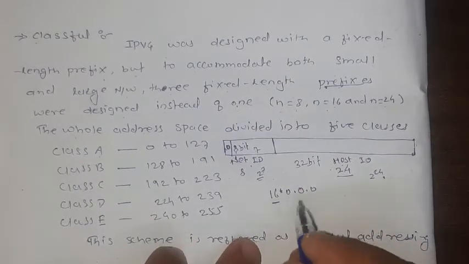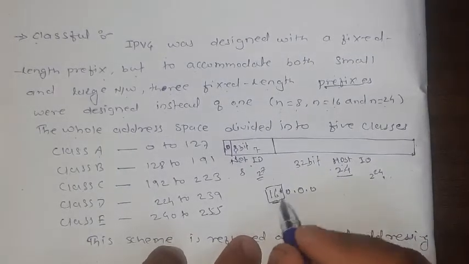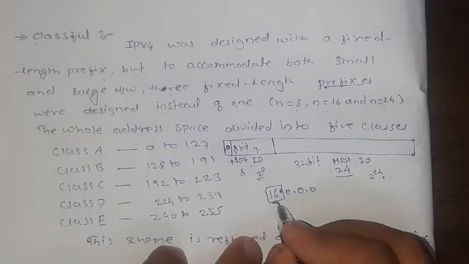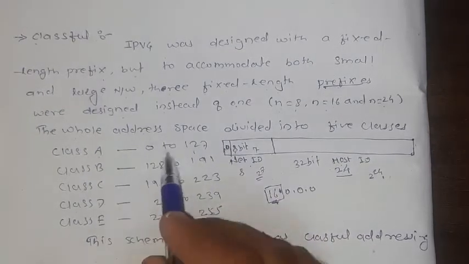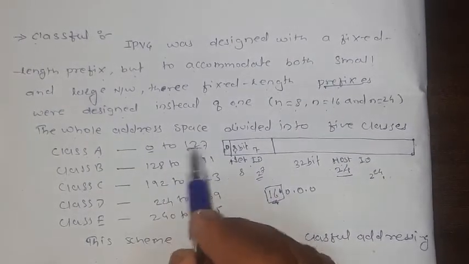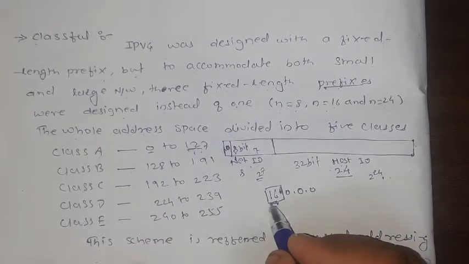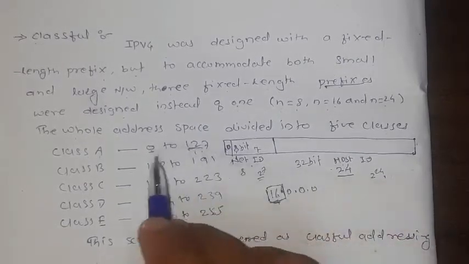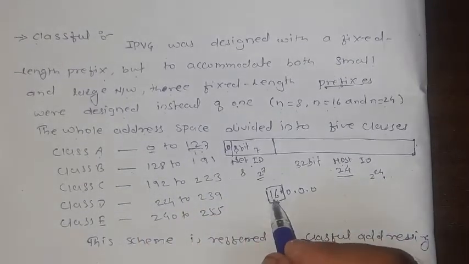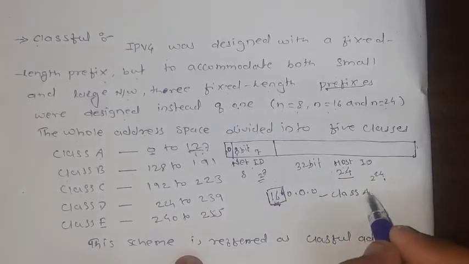From the first octet of the IP address, we can tell which class this IP address belongs to. Why? Because we already know the range of class A is 0 to 127. So if the number in the first octet belongs to 0 to 127, this IP address is a class A IP address.